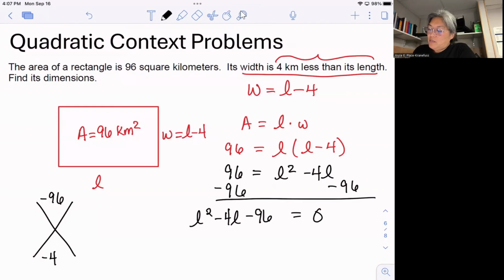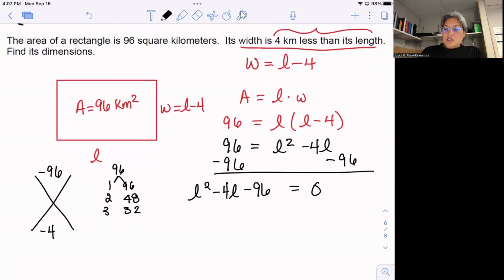So we're going to be multiplying 96, 1 and 96, 2, and I'm going to get out my calculator because I don't have this memorized. 2 and 48 doesn't work. 96 divided by 3, 3 and 32, that one works.